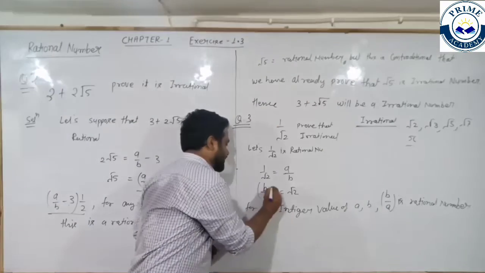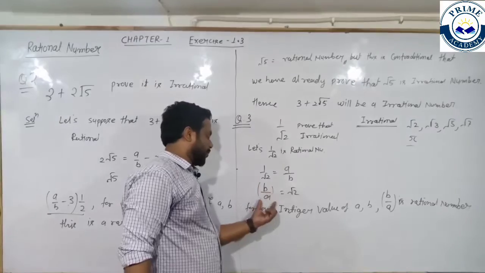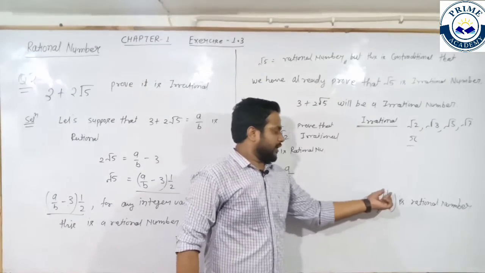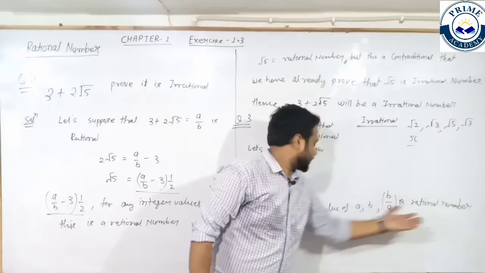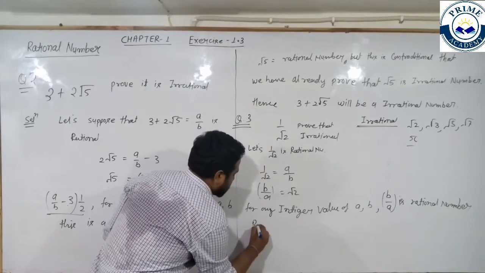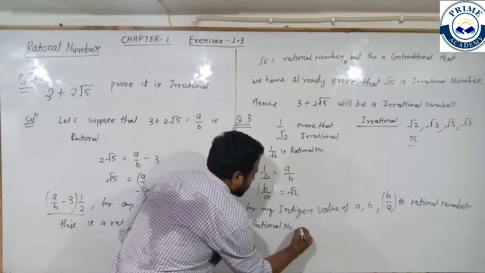Means what? On this left side, this is root 2, on this right side you have seen b upon a. For any integer value of a and b, b upon a is rational. That means what? Again you have to write this is a rational number.